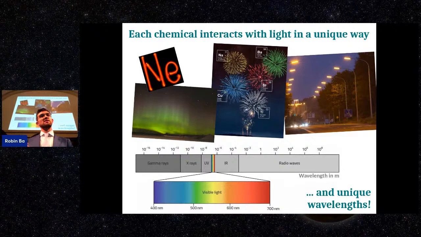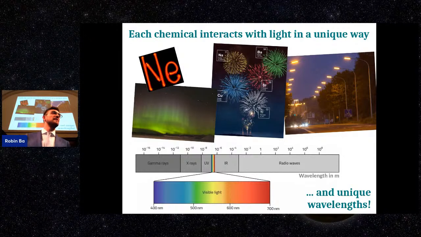Then if we go towards lower energies and larger wavelengths, we enter the X-ray regime to ultraviolet. Then we have this very narrow rainbow, which is the region our eyes are sensitive to. So this is the only part of the electromagnetic spectrum that we can see. And if we go to even longer wavelengths, we have infrared light and radio waves.